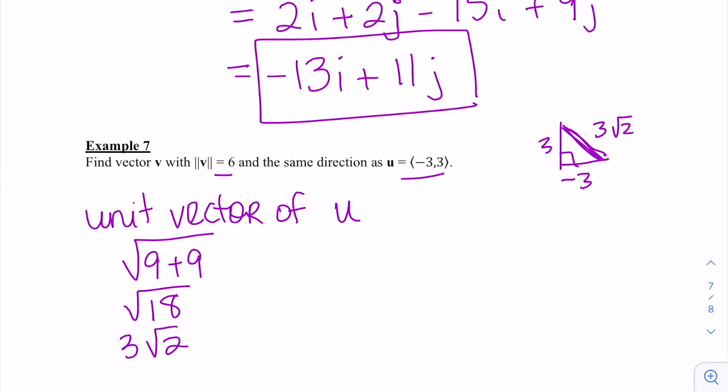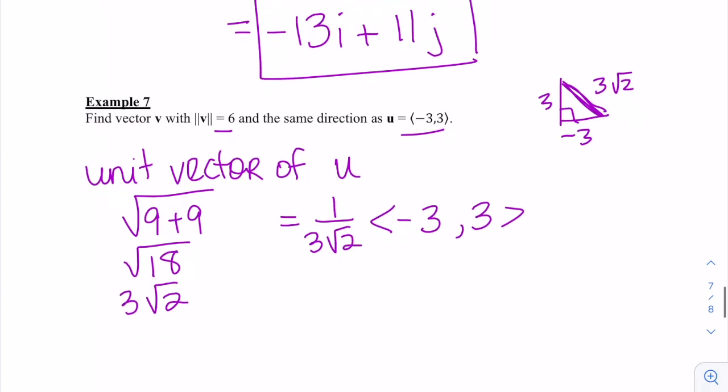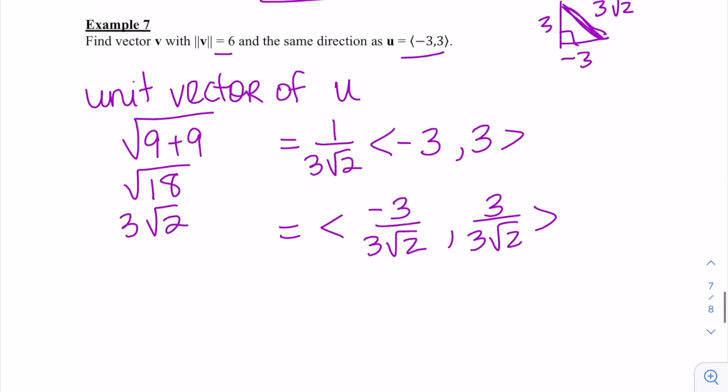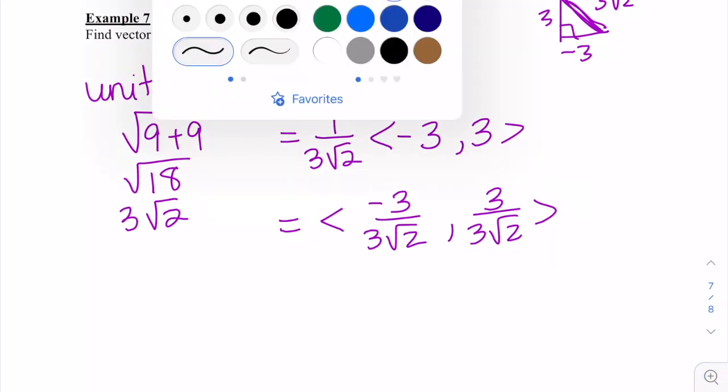So I'm going to use this vector and divide it by the magnitude. So that's 1 over 3 root 2 times (-3, 3). And when I write that again, I'm just going to write this with distributing. So this is going to be -3 over 3 root 2, 3 over 3 root 2. And you can kind of see this root 2. Remember, it's going to be root 2 over 2. We've got 45, 45.